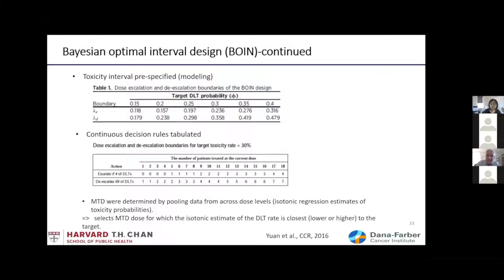Sometimes the model gets complicated, and we know the performance of CRM heavily depends on how good your initial model is. If your initial model is wrong, if the curve you assume is this way, but it actually is that way, then the MTD will be way off. So I think we like models, but we also try to be less parametric, because this way is more robust.